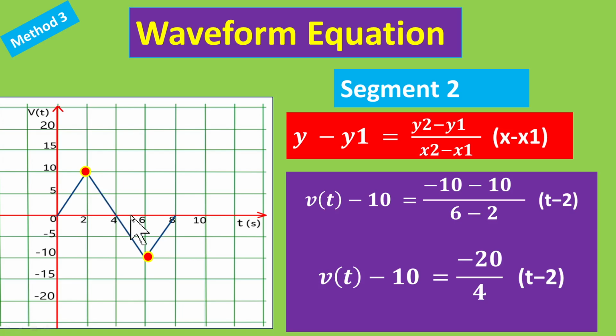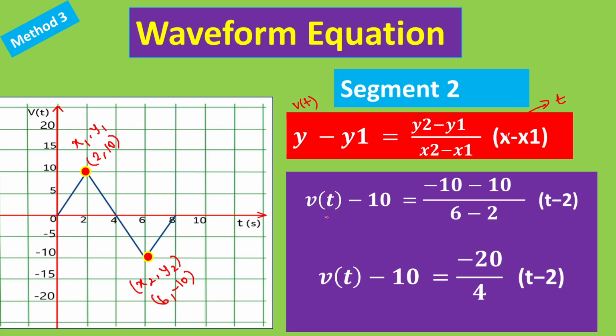So moving on to the second segment. This point is actually 2 comma 10. This is your x1 comma y1, and here this point is x2 comma y2, and the values are 6 comma minus 10. So just substitute all these values x1, y1, x2, y2 in this equation, with y as v of t and x as t.